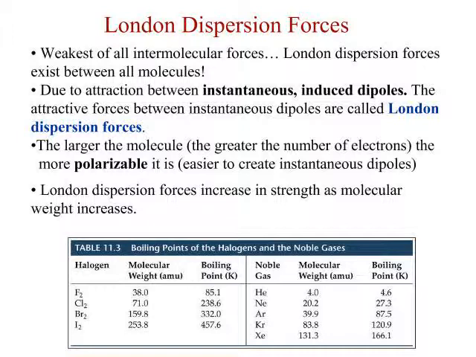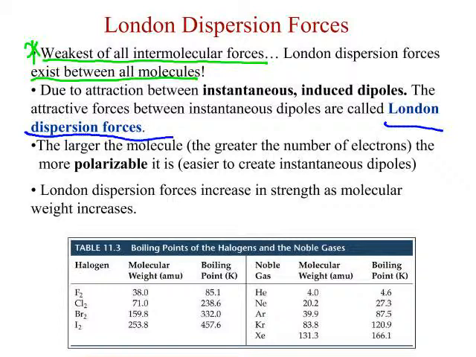This force is the weakest of all intermolecular forces, but it exists between all molecules and all atoms, because any of them can get their electron cloud distorted at any given instant in time. And we already said why this is called London dispersion force: because of the attraction between instantaneous dipoles.